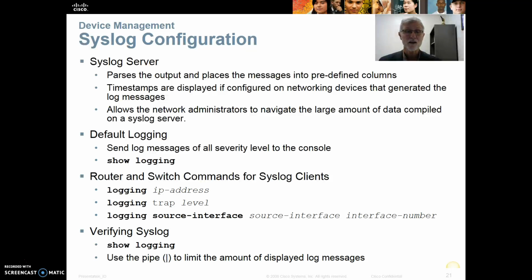To see messages, I can show if the logging's on or not with the show logging command. Now I can set the logging. I can set the IP address. I can set what my sources are, or interfaces, either an IP address or interface number. And then I can say, what level am I trying to trap? What kind of message am I trapping?